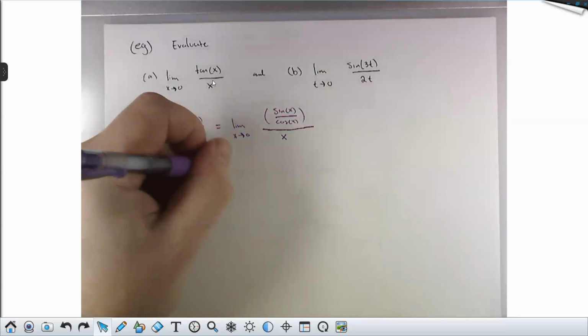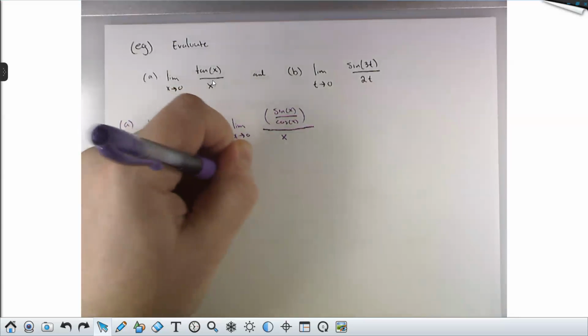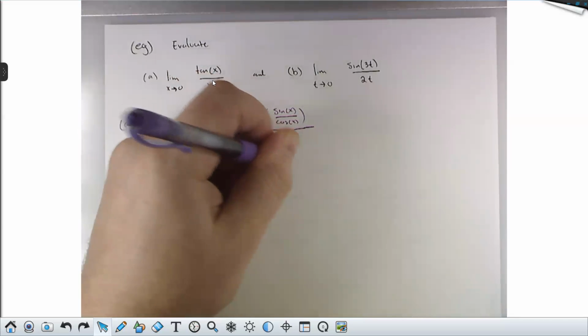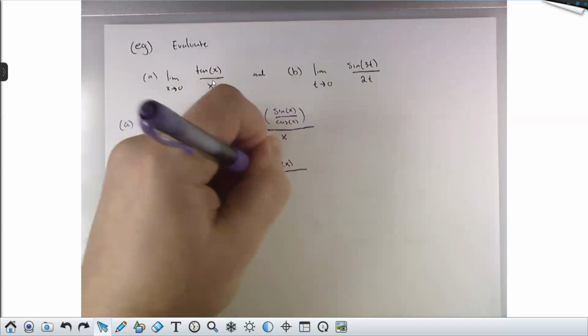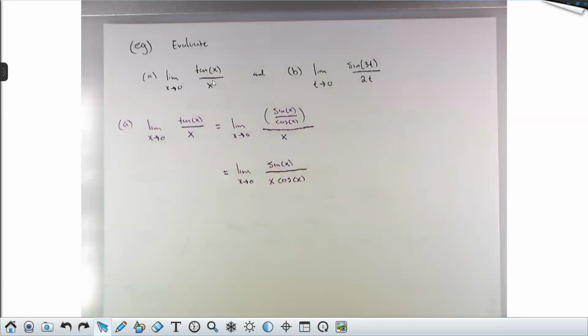And then we can clean that up as lim x to 0 sine x over x times cos x. Just fractions. And then this, no, I can split up into two pieces that are each easy to handle.